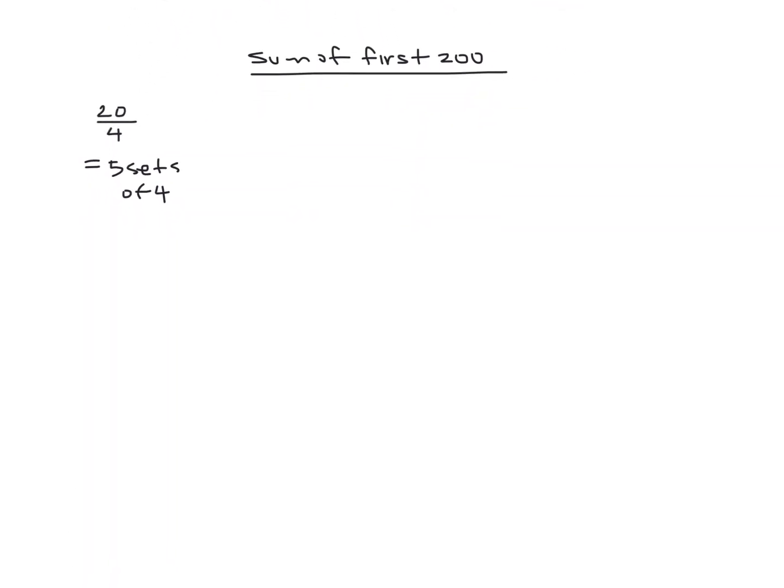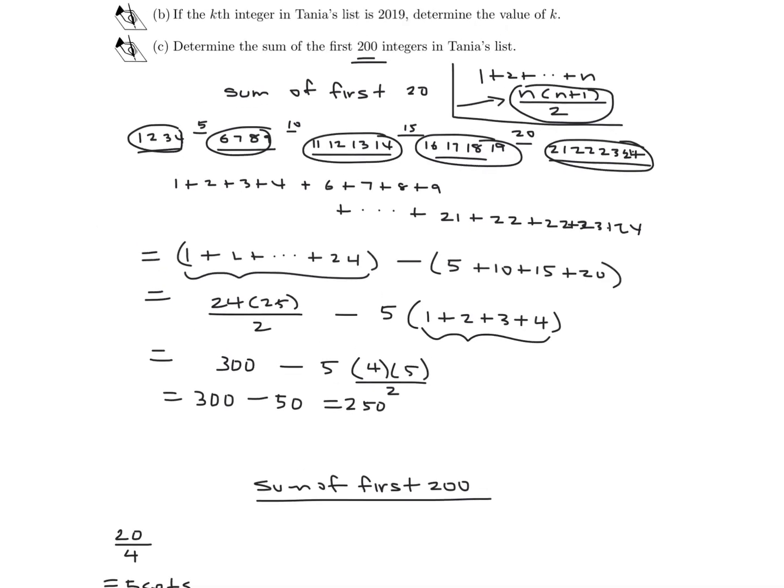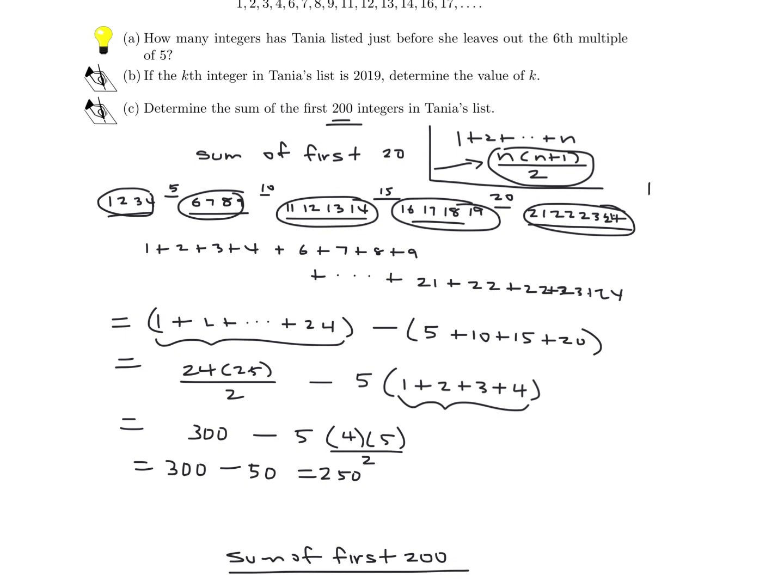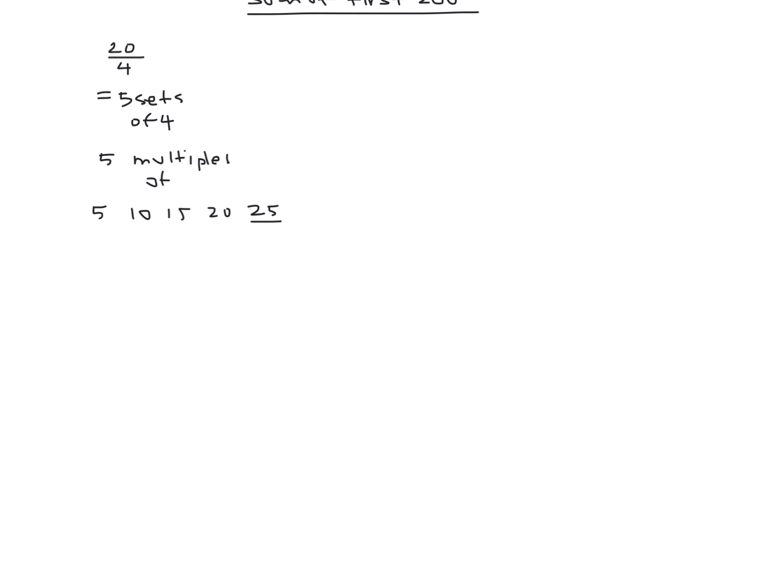And therefore you also had 5 multiples of 5, one for each set: 5, 10, 15, 20, and 25. But be careful, this last 25 we didn't count because we just stopped right there. So basically that means this really goes just till 24.